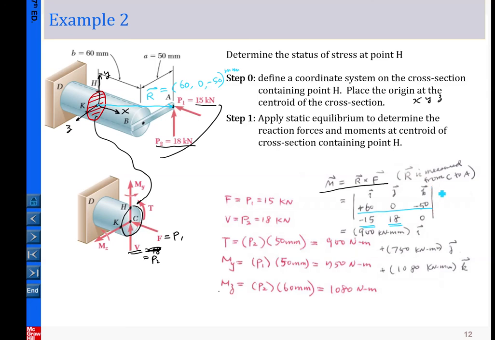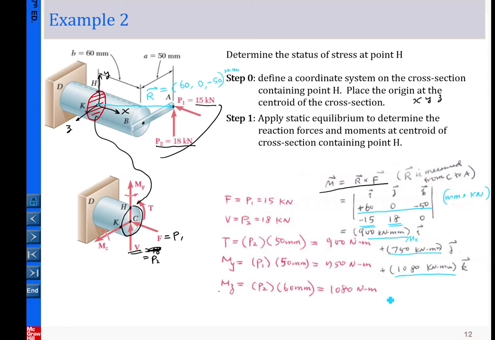Once you multiply together, that has a unit of kilonewton-millimeter. You conduct this and right away you see the result gives three components: Mx, My, and Mz.